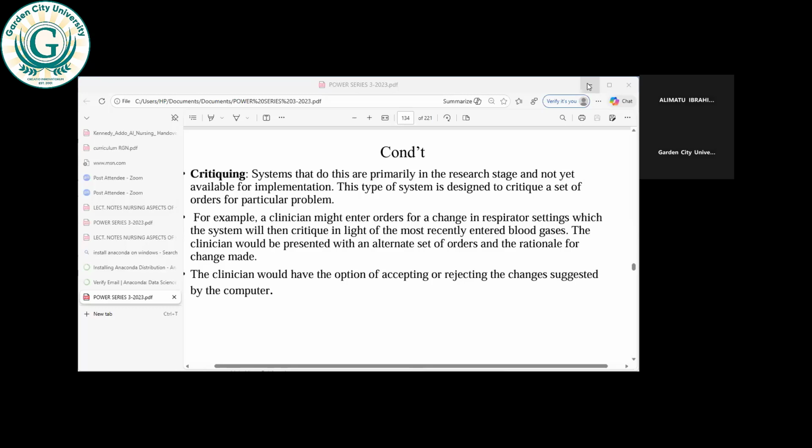That's a clear case of the critiquing system, okay. But in our settings here, I think we have not advanced to the level where these systems will challenge clinicians' decision-making abilities, right? It is a gradual process, as we are starting from reminders, among others, with AI systems built into electronic health records together with large language models, which will train on large data sets of information.